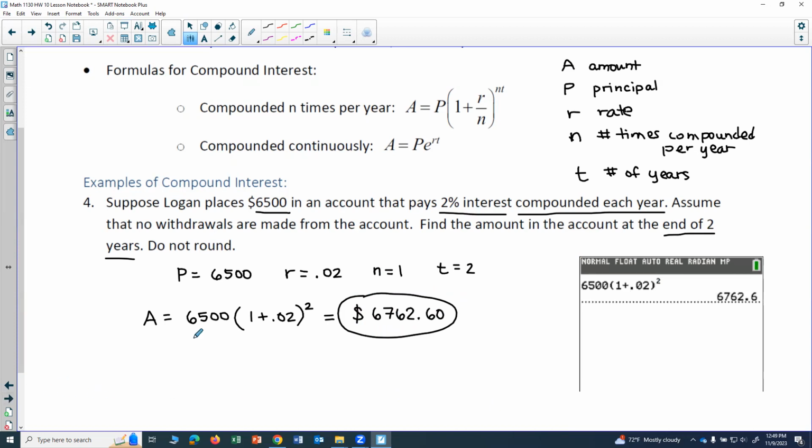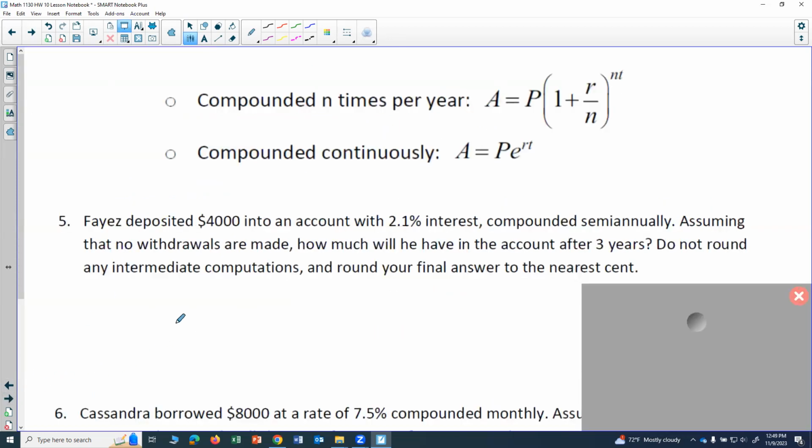Let's look at some more examples. I'll continue to use these formulas for compound interest. Fayez deposited $4,000 into an account with 2.1% interest compounded semi-annually. Semi-annually means twice per year. So that tells me my N. So that will be N equals 2.